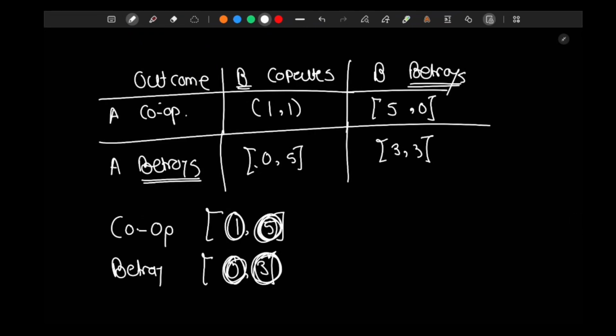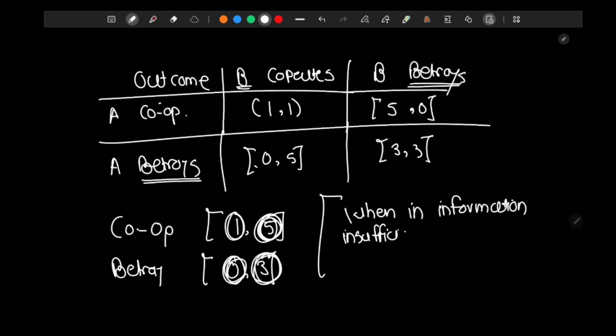So it makes sense to betray to avoid the worst and minimize the losses. So what are the learnings here? When in information insufficiency, go for avoiding the worst.